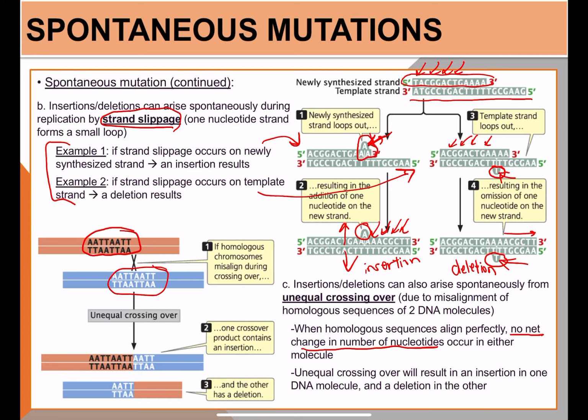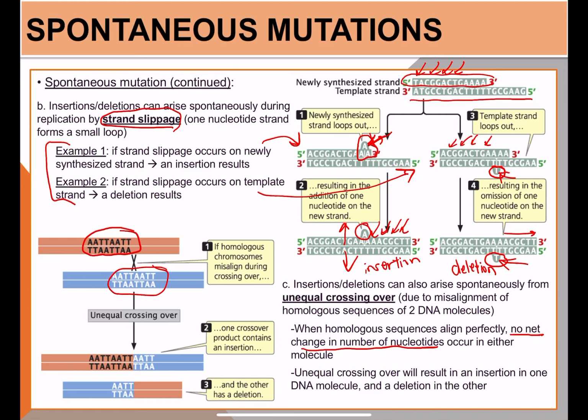But when you have a misaligned homologous sequence, you're going to end up with unequal crossing over. One will cross over a short segment and then another will have a long segment.